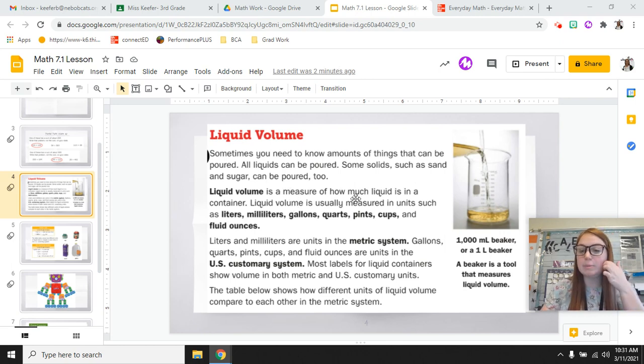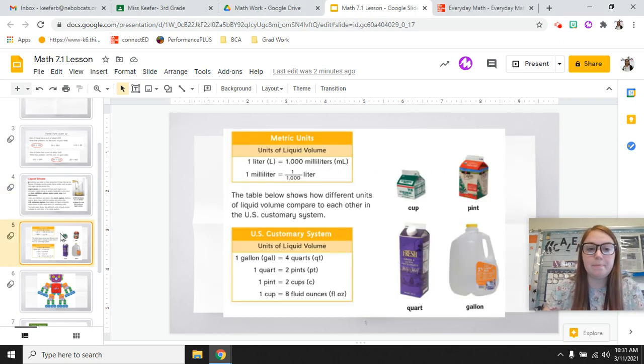Here's a picture of a beaker, a 1,000 milliliter beaker or a 1 liter beaker. A beaker is a tool that measures liquid volume. It's typically glass. What's key is noticing that 1,000 milliliters is equal to 1 liter.